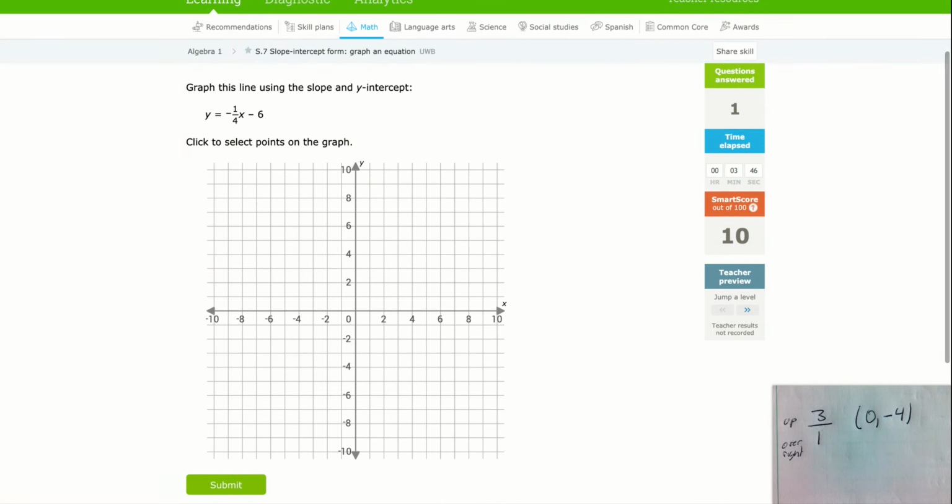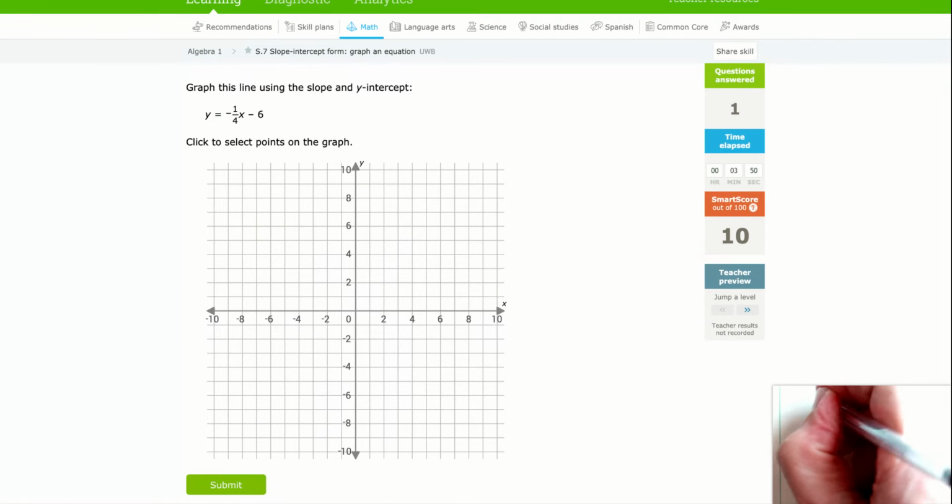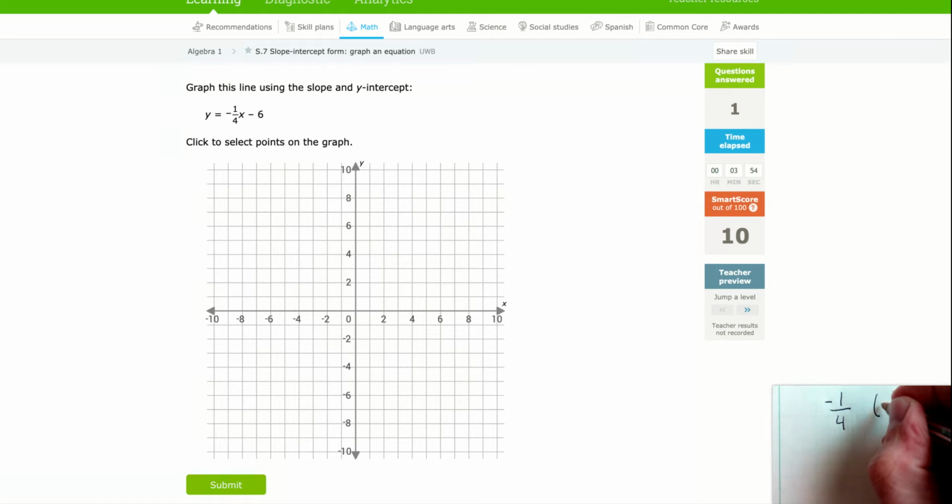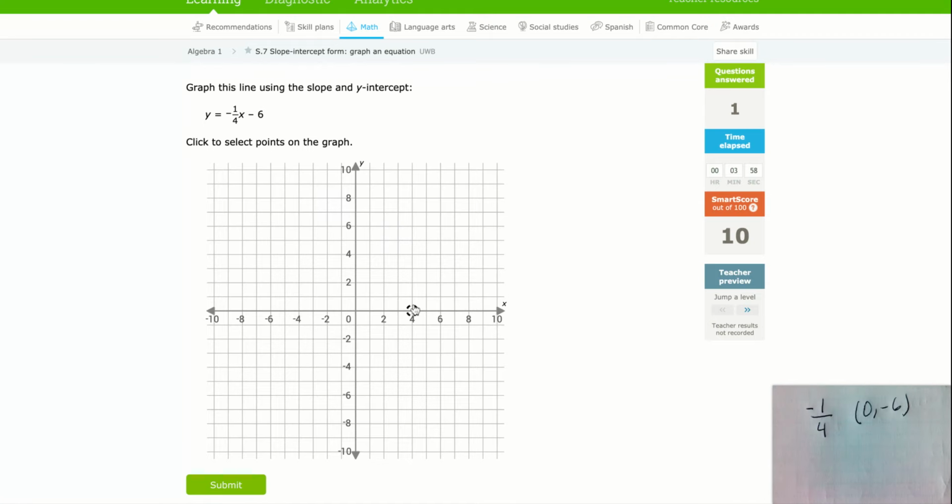So here's another one. Again, the first thing I'm going to do is write down my slope of a negative 1 over 4 and my y-intercept of 0, negative 6. So that tells me I'm going to go to negative 6 on the y-axis. Now, the rise is a negative. That means I'm going to go down 1.